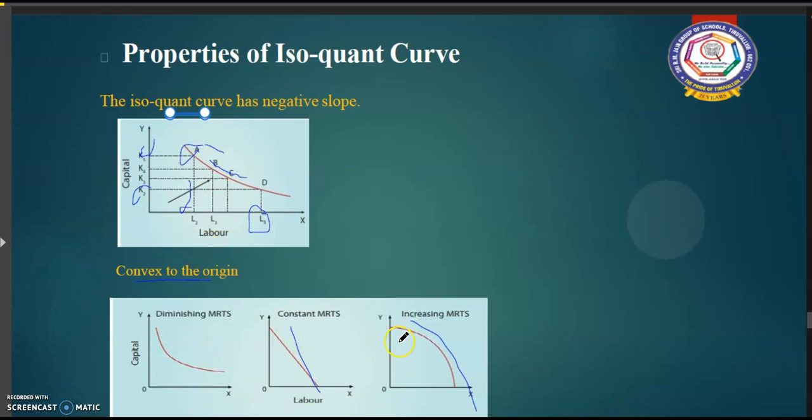We can draw these three curves. So this means that factors of production are substitutable to each other. The capital substituted per unit of labor goes on decreasing when the isoquant is convex to the origin.